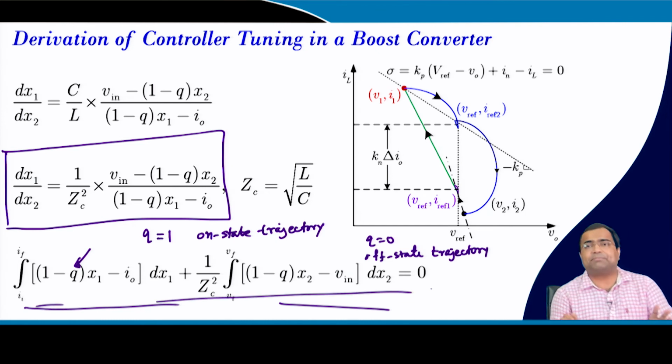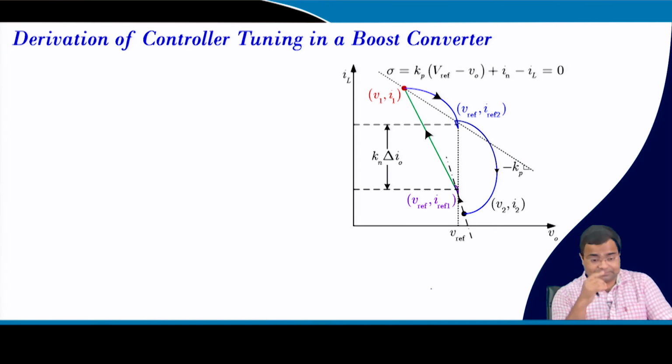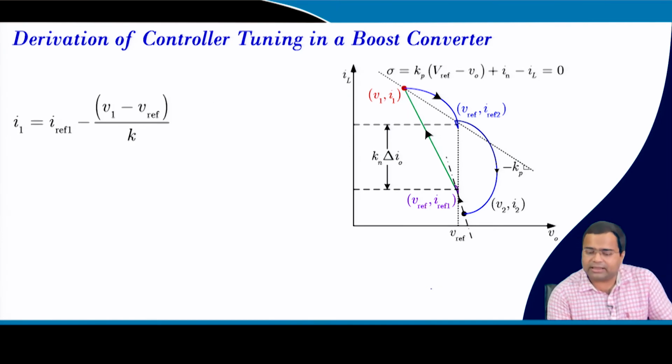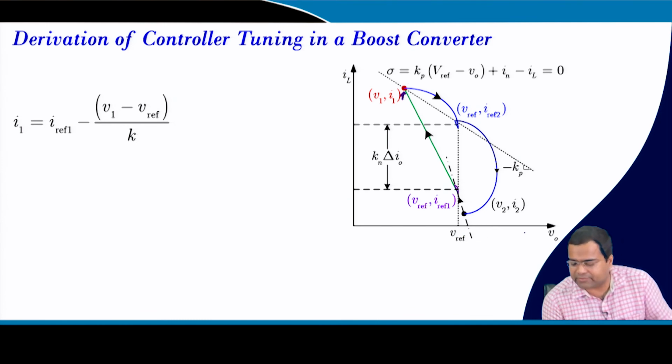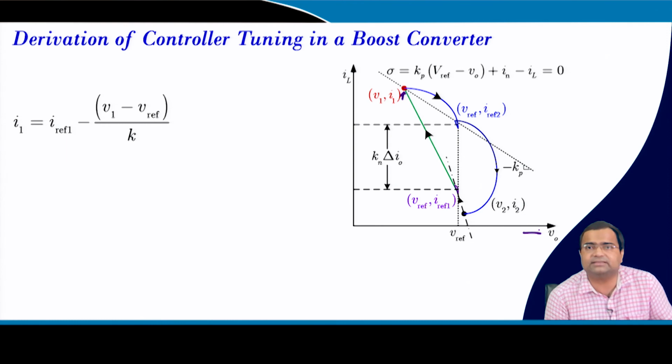Otherwise, this equation is applicable for both trajectories, only you have to substitute the suitable Q value. Now, here it is V1, I1, because this is a point where V0 is my x axis and IL is in the y axis. So, our initial operating point is here.